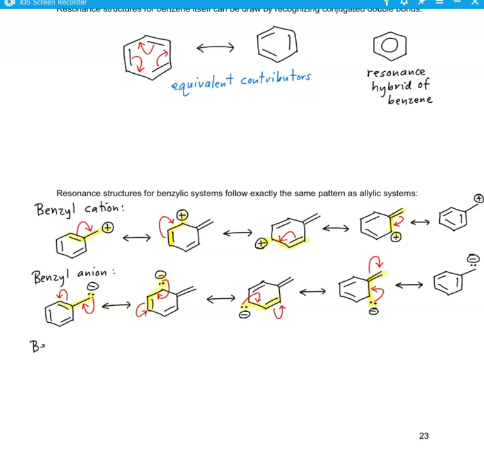Okay, let's do one more example here, and this is the benzyl radical. Okay, so we notice the allyl radical pattern, and that means that we're going to treat this exactly the same way we treated that.